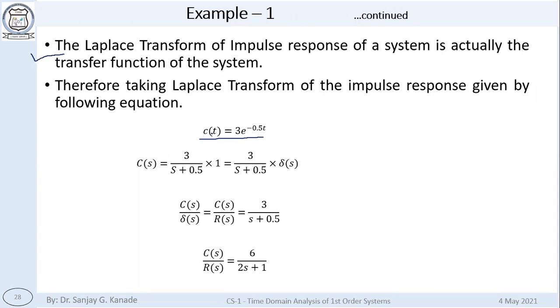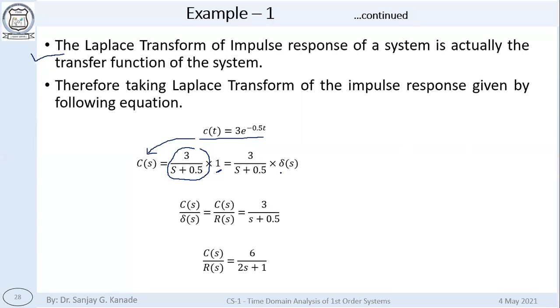Okay, so let's take the Laplace transform of this c of t. It becomes capital C of s, and that is equal to 3. 3 is a constant, so it remains as it is. e raised to minus 0.5t, its Laplace transform is 1 upon s plus 0.5. So finally, we get 3 upon s plus 0.5. Now, why this one?